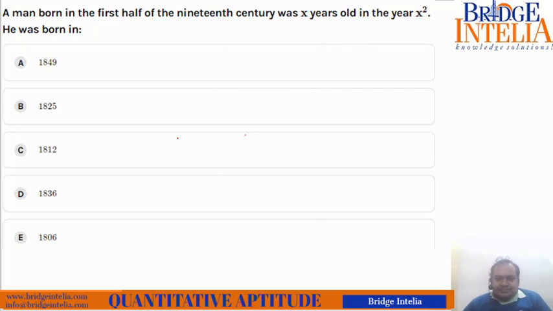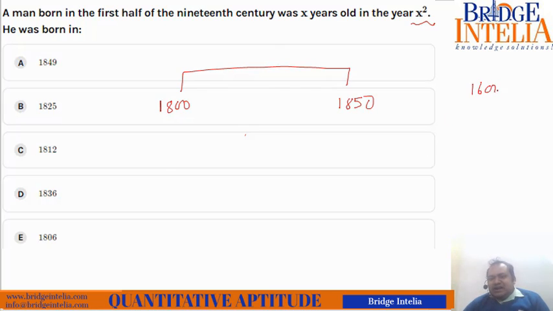So now let's try to solve this particular question. Let's see if we apply the same concept here. We know that the man was born in the first half of the 19th century, somewhere here, we don't know exactly, but he was X years old in the year X square. We saw that 1600 AD was equal to 40 square.